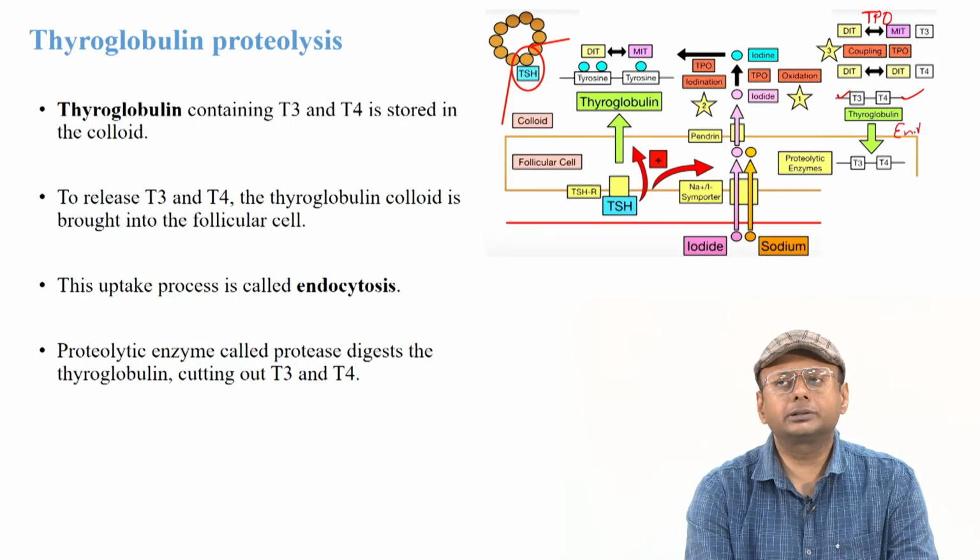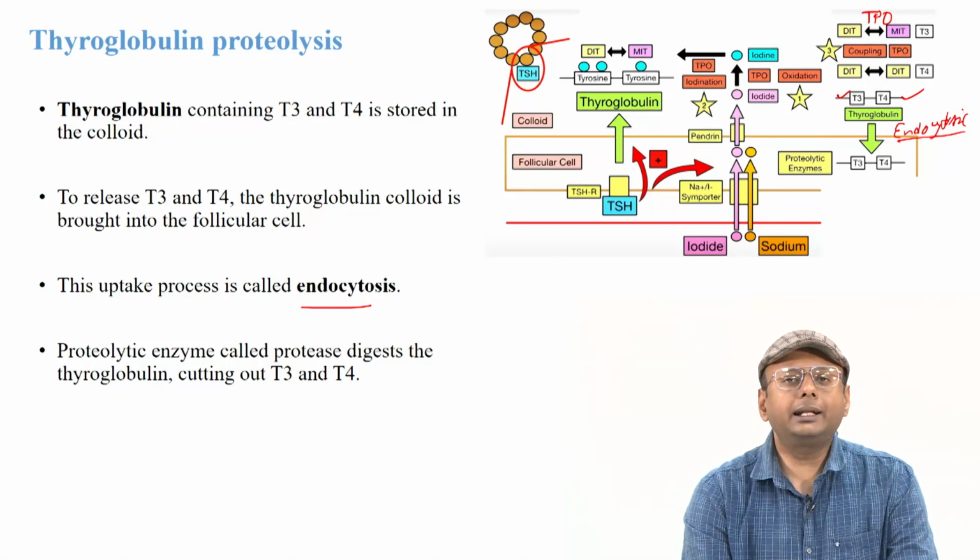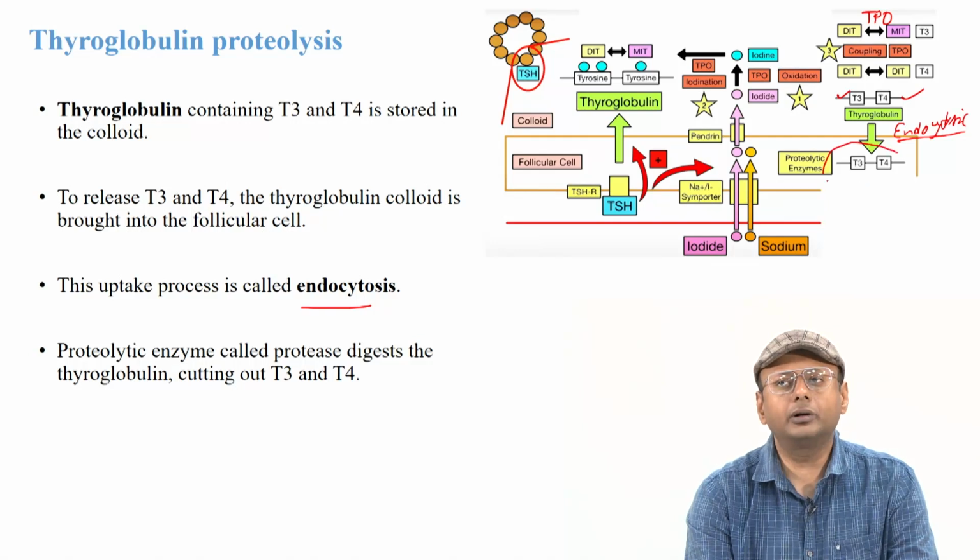Endocytosis happens. Endocytosis causes the T3 and T4, along with the thyroglobulin, to be brought inside of the follicular cell. And once it comes into the follicular cell, proteolytic enzyme activity breaks down the bond between the thyroglobulin and the T3 and T4, releasing the T3 and T4 out of the thyroglobulin.